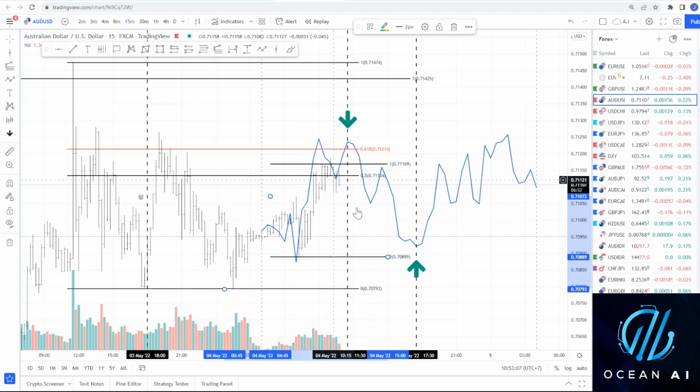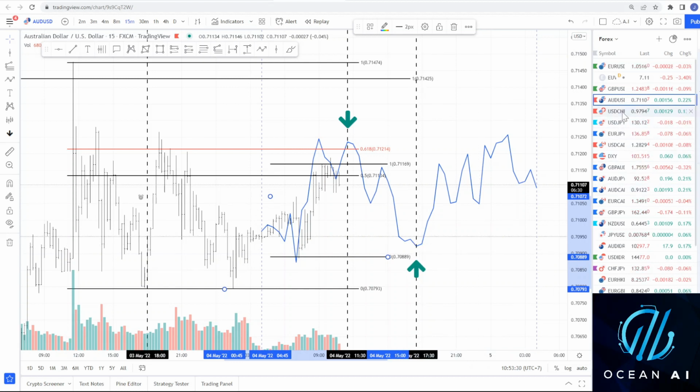So this could just fall away from here, or we could get one more little spike up. If we get that spike up, 61% could be a good place to sell it. So 71.20. And then with that, you'd only need 20 points max for a stop loss, looking to trade that down.